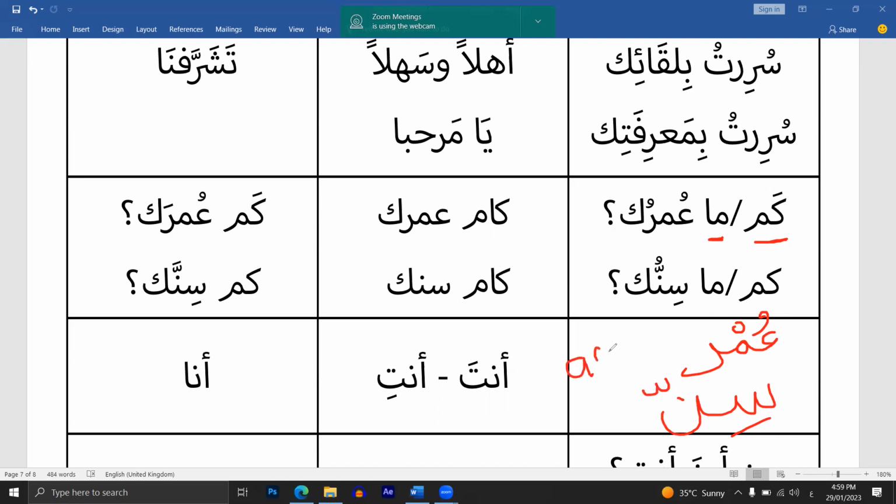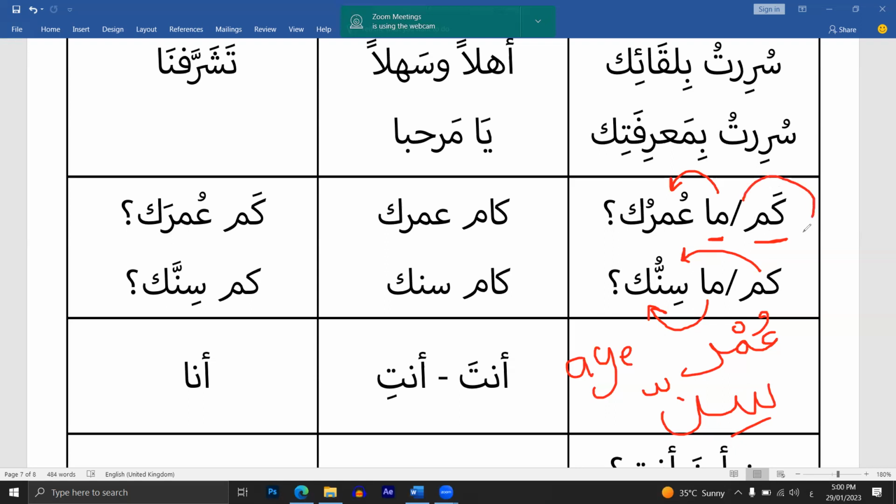Both of them mean age. So, كم عمرك? How much is your age? ما عمرك? What is your age? كم سنك? ما سنك? What is your age?